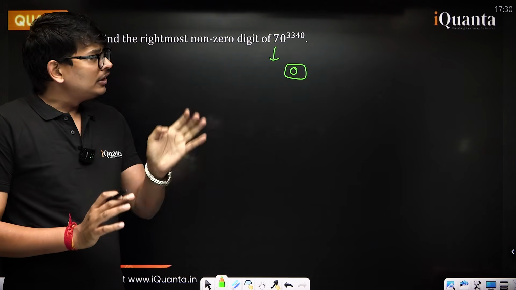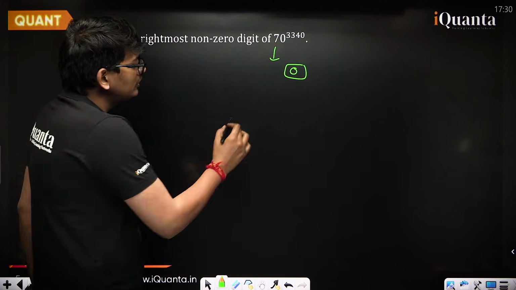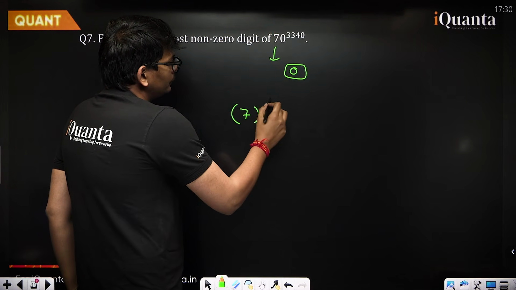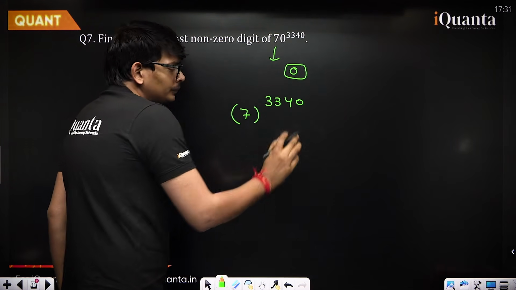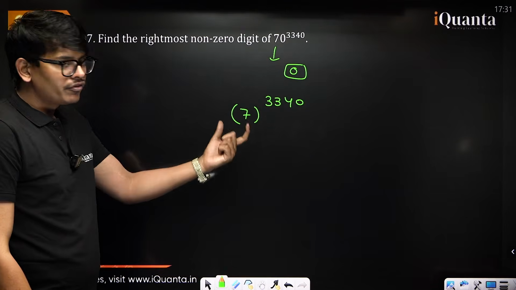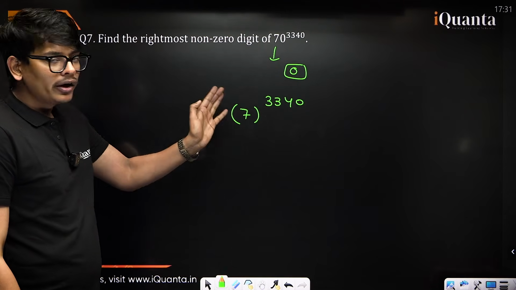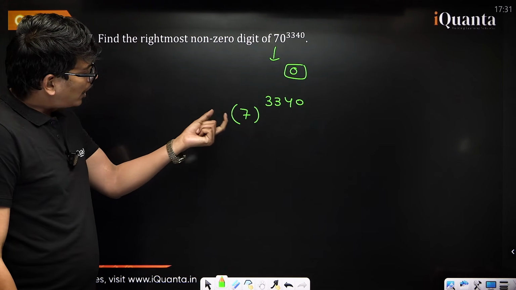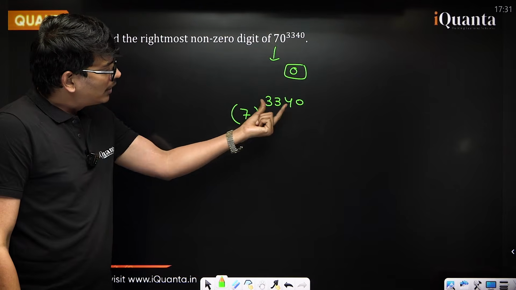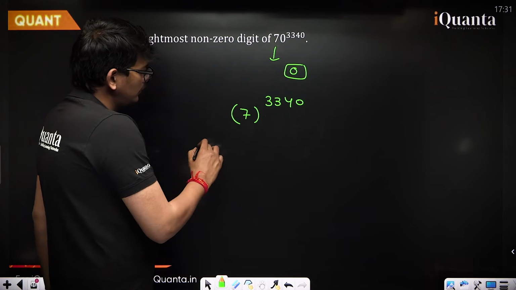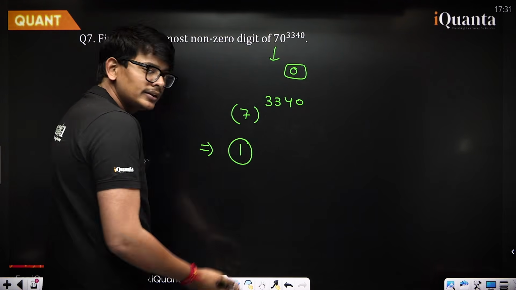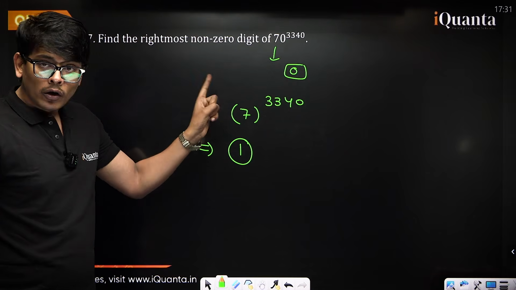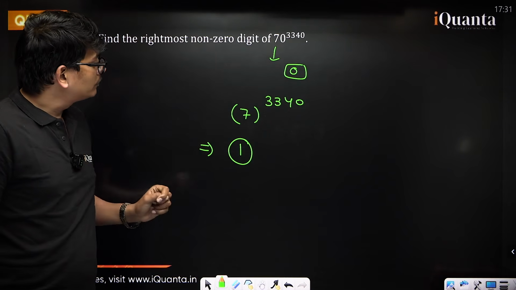That means we will remove the 0 part. So we will solve for this particular part. Right? So we are going to focus on this part because we do not have to consider zeros. So now let's try to find out 7, and the power is a multiple of 4. So the answer is 1. So the non-zero digit of this particular question will be 1.